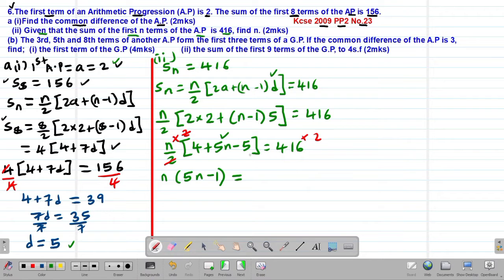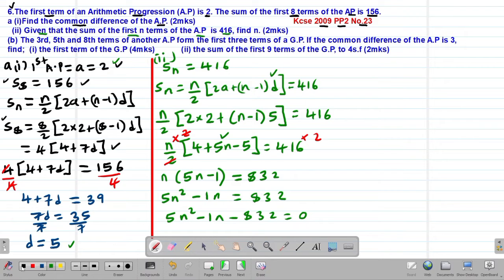If you multiply it by 2, you're going to get 832. So if I open brackets on the left, I'm going to have 5n squared, then minus 1n being equal to 832. So this will give me 5n squared minus 1n minus 832, which is equal to 0.